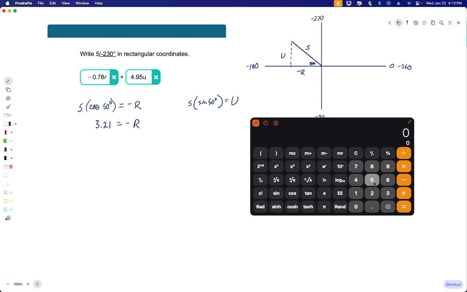And then 50 sine times 5 is 3.83 when rounded to 2 places. So 3.83 is our u value. So we would have this negative bestowed upon the number. So negative 3.21 r plus 3.83 u.